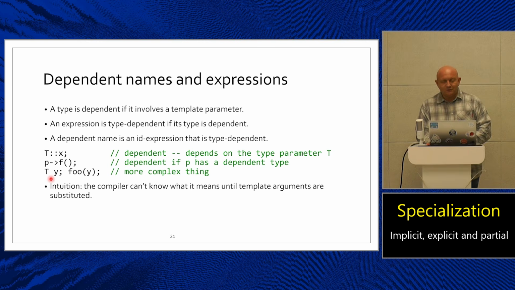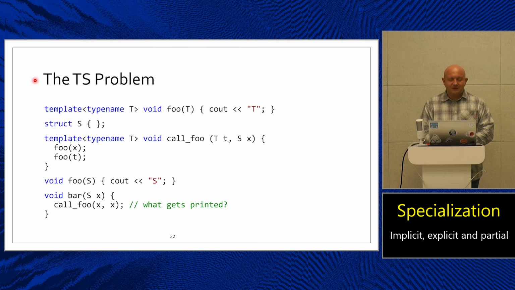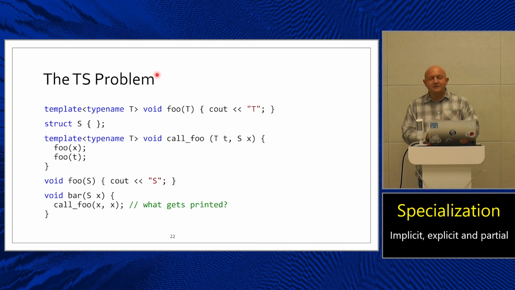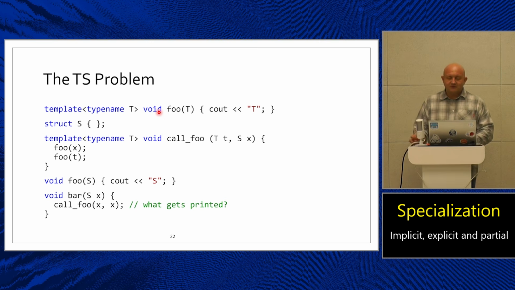And let me show you the TS problem. This is a classic example. For those of you who took my second year course, this should be a familiar and straightforward puzzle. The code might seem tricky at first, but the answer becomes clear if you carefully apply the rules of two-phase name lookup.